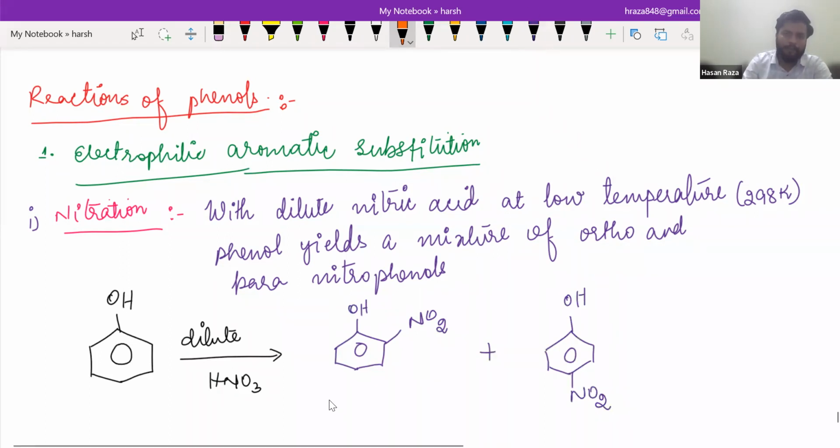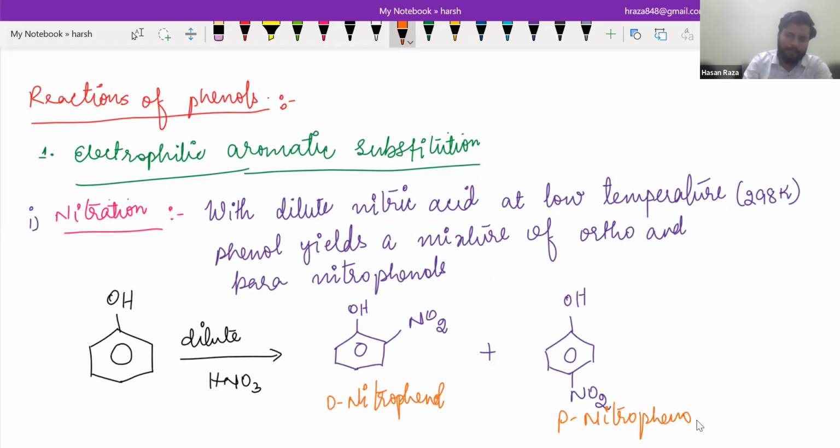So we can write the name, O-nitrophenol, and this is P-nitrophenol. Are you getting my point? And this can be easily separated by steam distillation because their boiling point difference is more. That's why they can be easily separated by steam distillation.